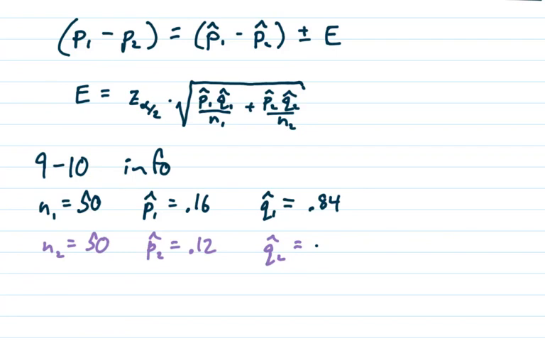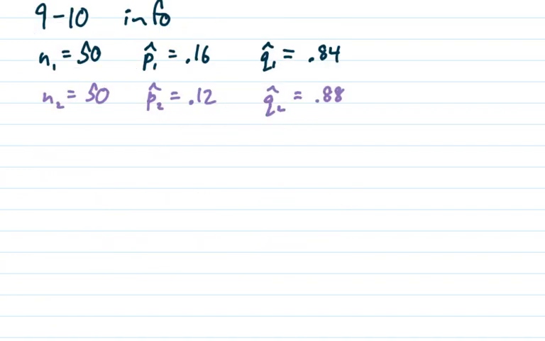But in this case, we don't. We just need the complement of this probability here. So that is 0.88. And so that's the basic info for 9-10.